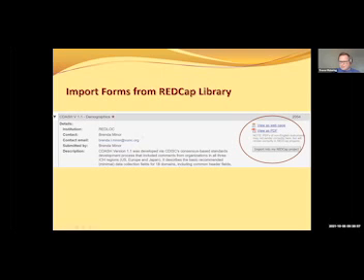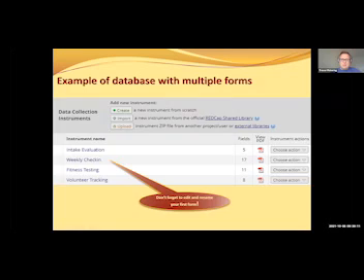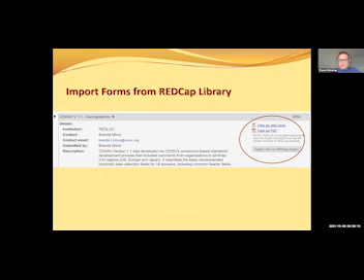So this is what is in this form if you import it. You can view the form before importing it into your REDCap database. And when you decide that you want to import it into your REDCap project, you would click this button right here, Import, and once you do that, it will now appear in the list of data collection instruments.